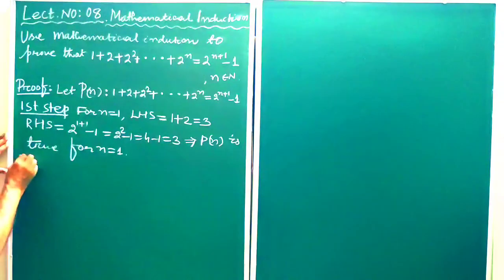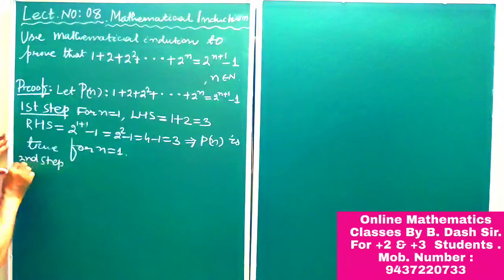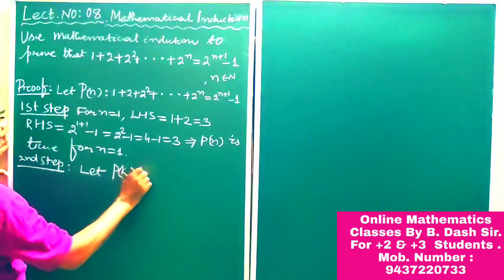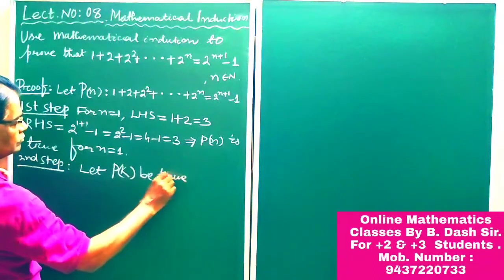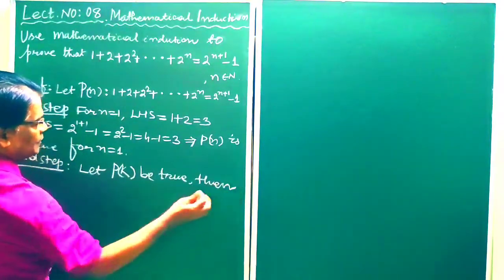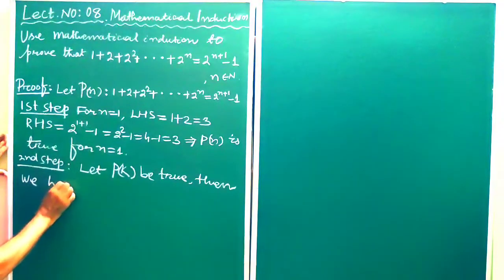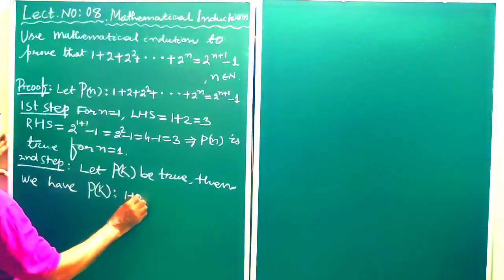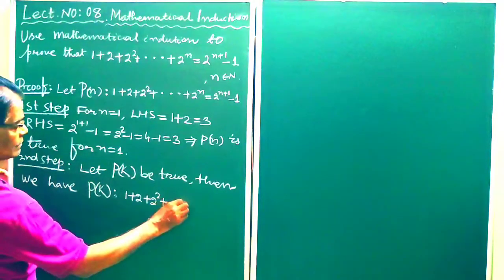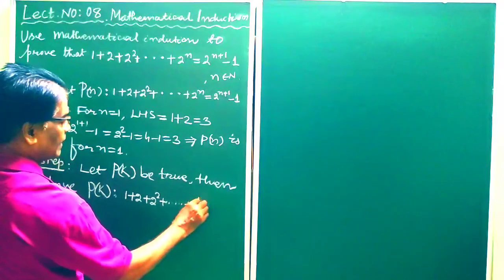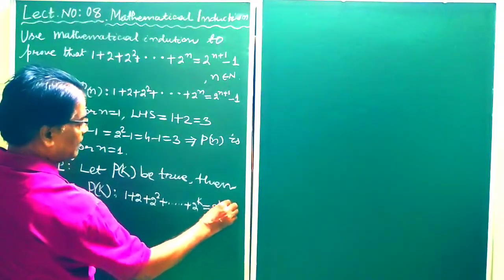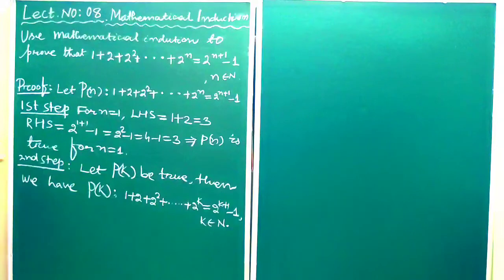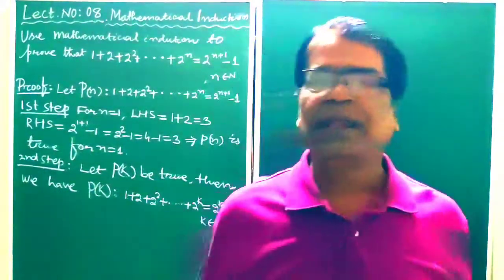Now, second step. Let P(k) be true, then we have P(k) stands for 1 + 2 + 2² + ... + 2ᵏ = 2ᵏ⁺¹ − 1, where k belongs to N. So, in the second step, we have taken P(k) is true.